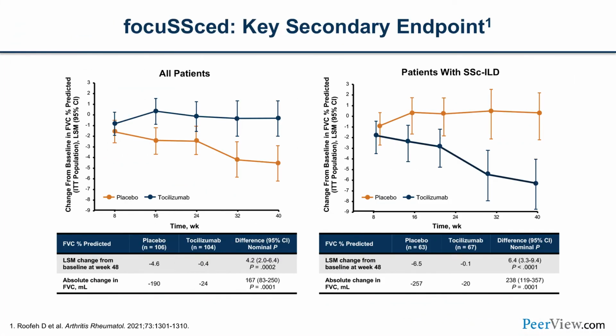This study is called a focused study. If we look at that graphically and look at the change from baseline in percent predicted FVC for all patients and for those with systemic sclerosis-related ILD, we'll see a separation of the curves, and that patients with systemic sclerosis-related ILD fared better on tocilizumab than the placebo group.